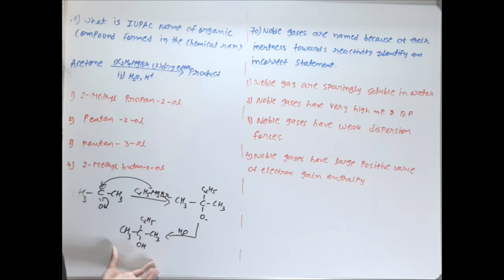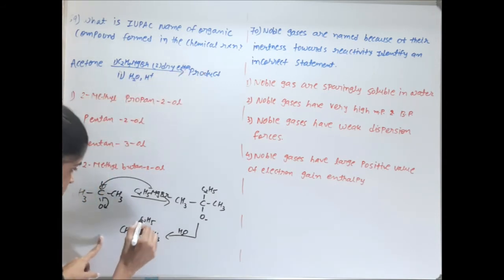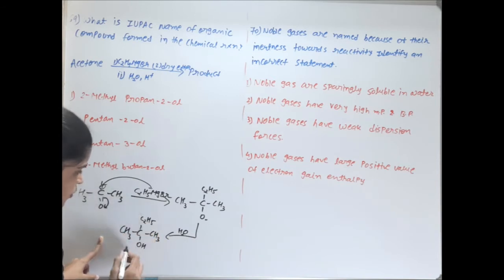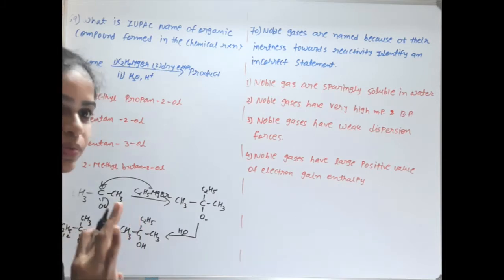So this is the product. Let us find the product's name. Counting the carbons, 1, 2, 3, 4, so 4 carbons are present in the main chain, which means butane.